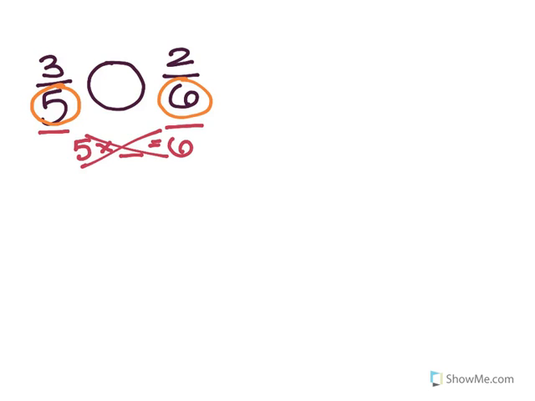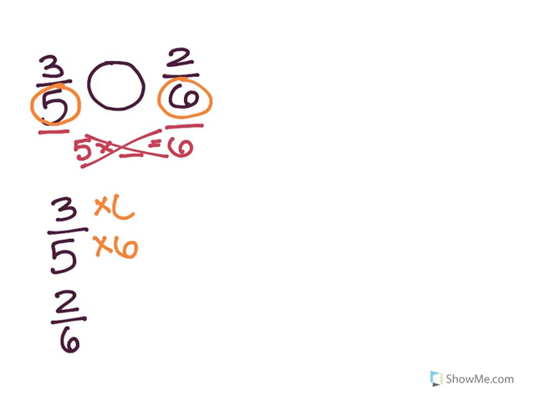And what I mean by that is I take 3/5 and I take 2/6. And I'm going to multiply 3/5 by 6. And you'll see why in a second. And I'm going to multiply 2/6 by 5.